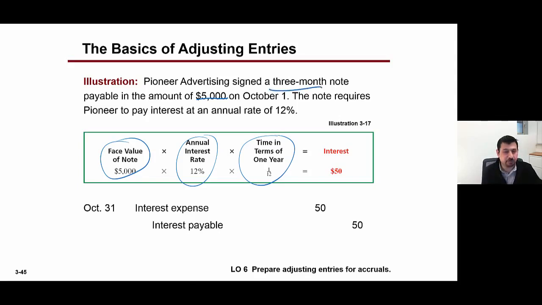So after 3 months, the company has to pay the original 5,000, the face value, plus interest. As a result, interest will not be paid now, and this is why, because interest will not be paid now, we credit a liability account, interest payable.